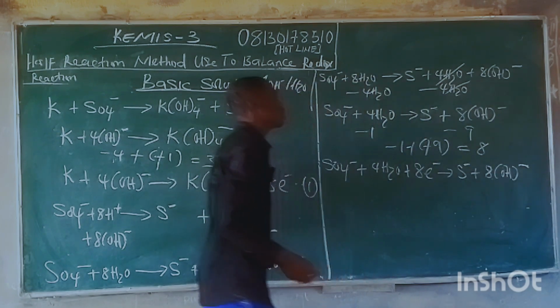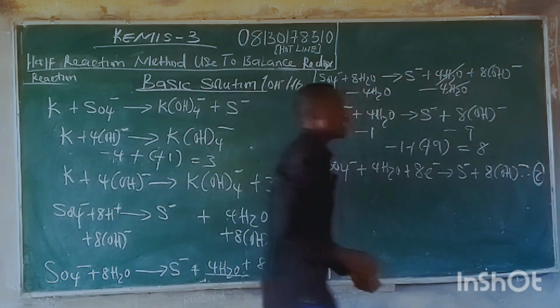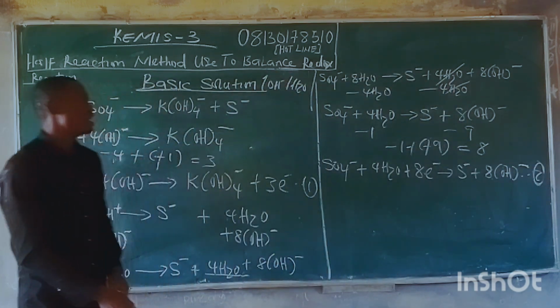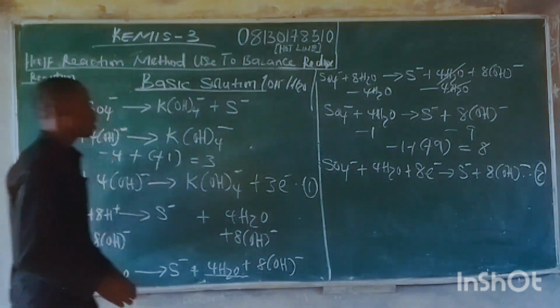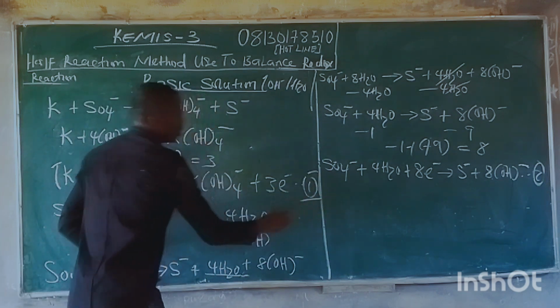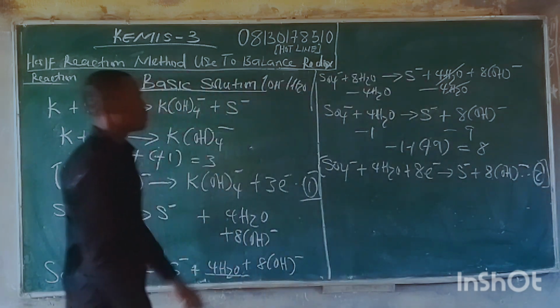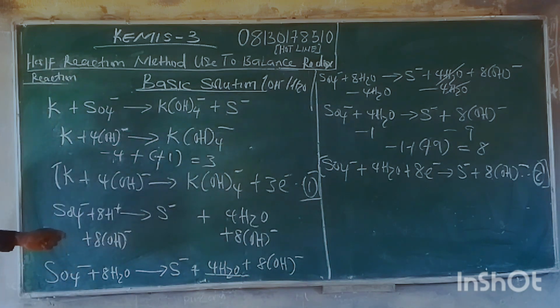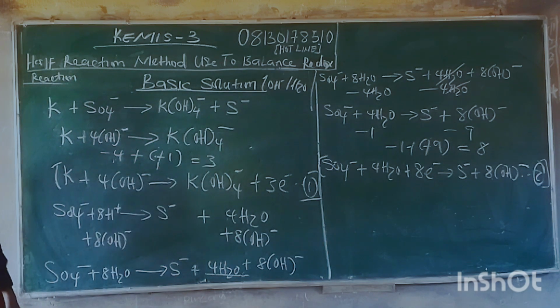So the next thing to do is to equalize the equation. Let me call this equation 2. Equalize the two half-cell equations. This is the first half-cell equation, equation 1. Second half-cell equation. What I need to do now is to find the LCM between the two. The LCM between these two equations is to multiply 8 by 3, that is 24.